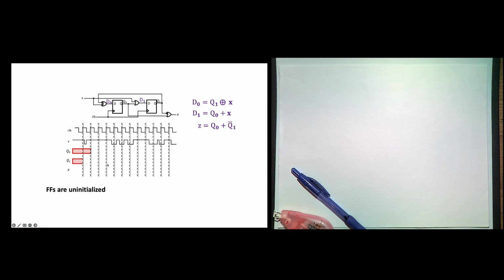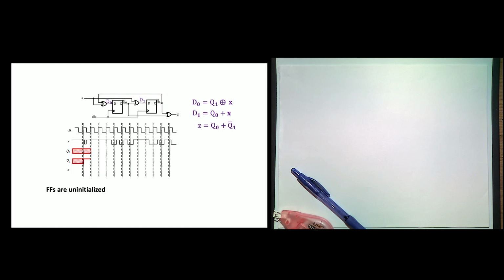What about Q1 here? What happens with Q1? Okay. Because X is 1, D1 will be high regardless of Q0, and so we will load a 1. And Q1 will go to 1. All right.